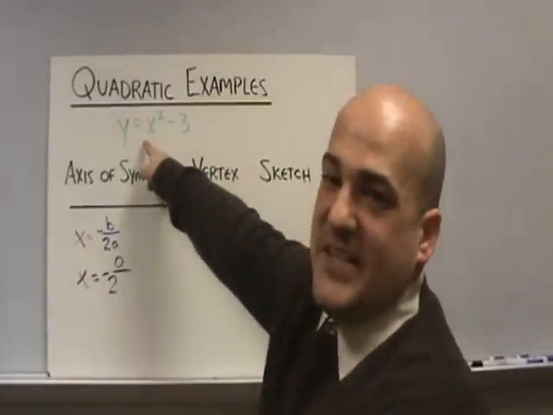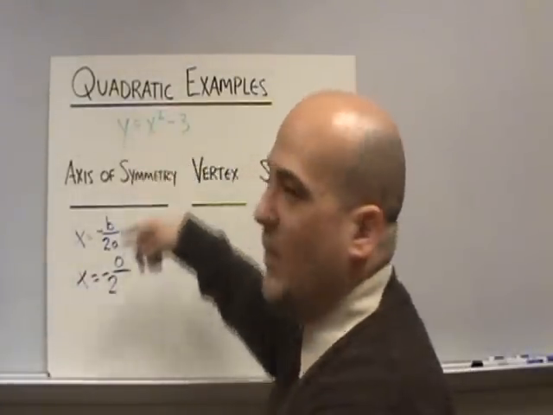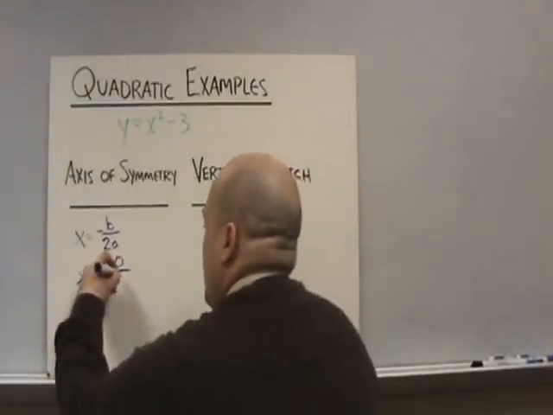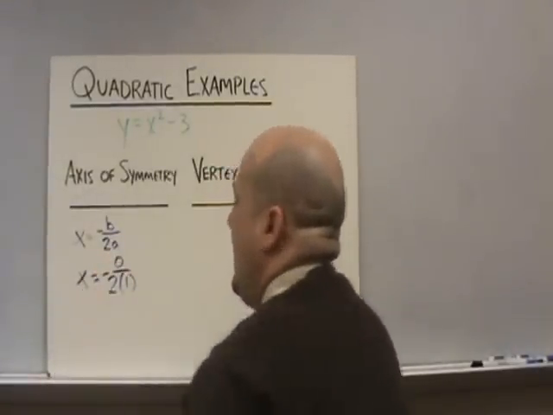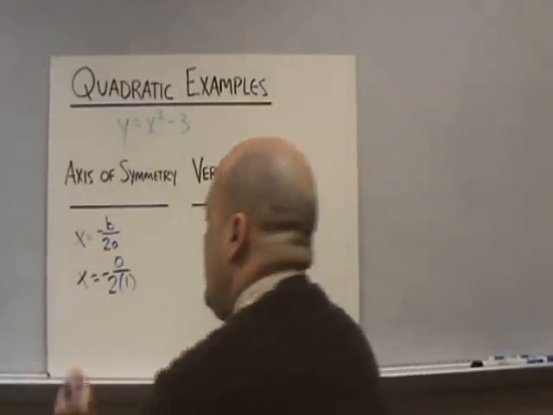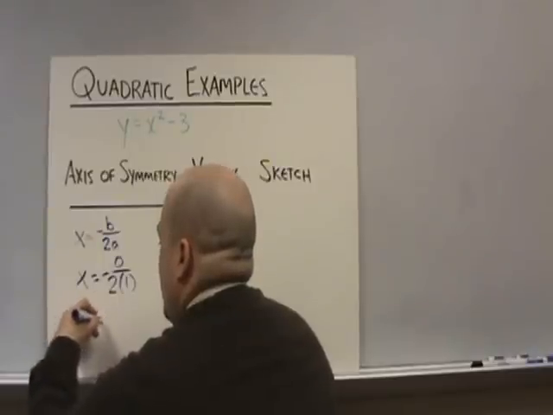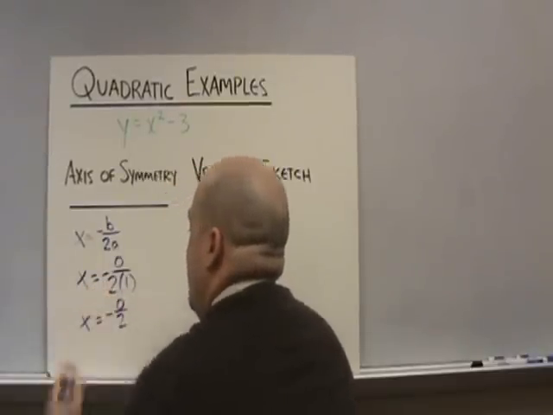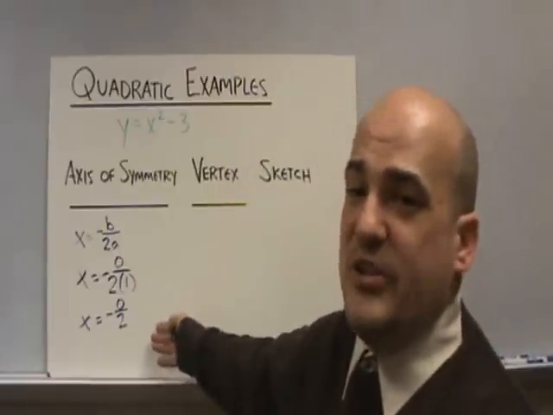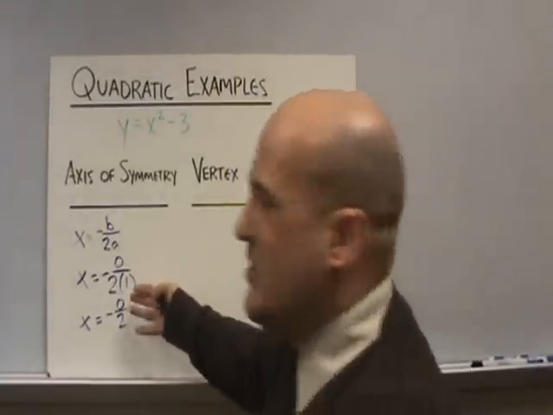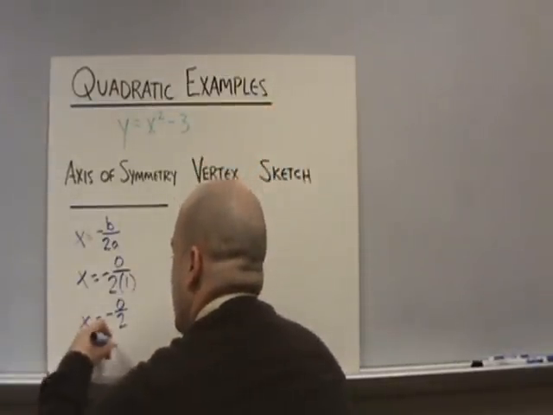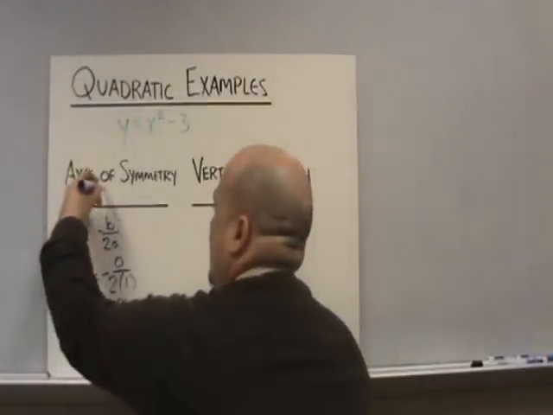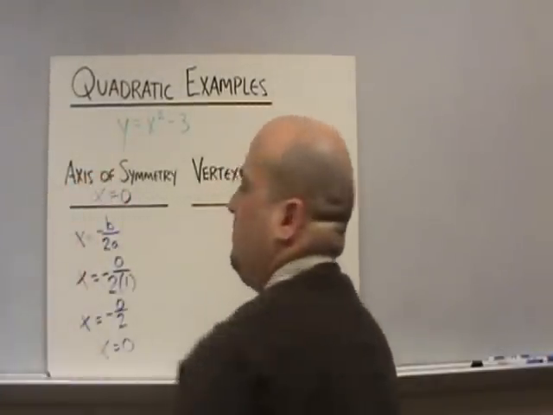The a in this case is just a 1. It's not written there, but it's assumed. A is 1. So when we reduce this, we get x equals negative 0 over 2, and of course we know that 0 over 2 is just 0, so x equals 0. Our axis of symmetry is x equals 0.